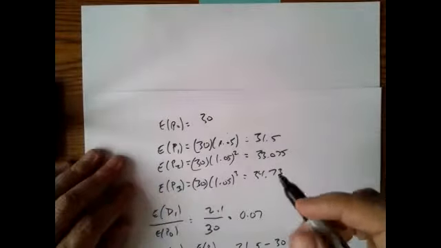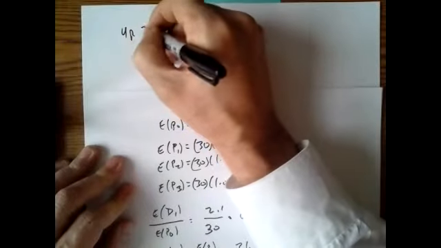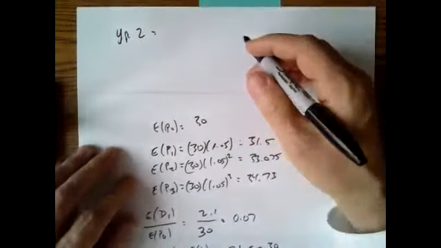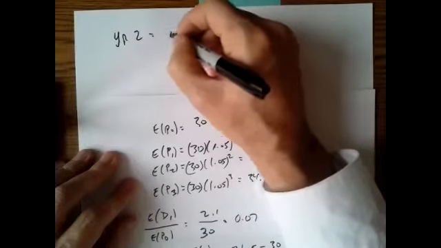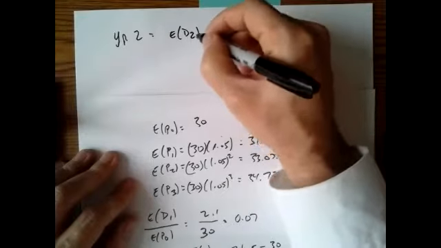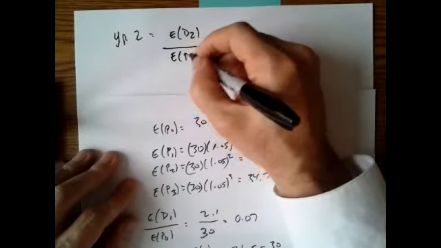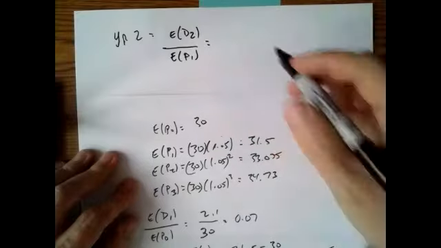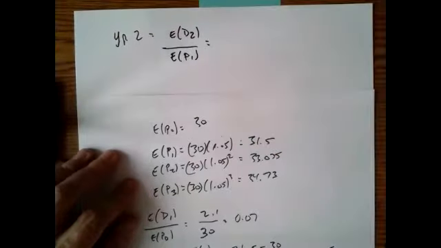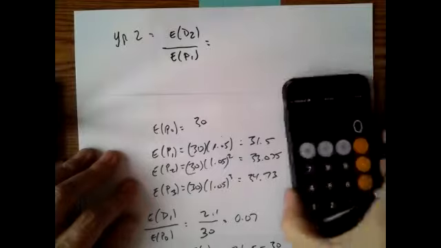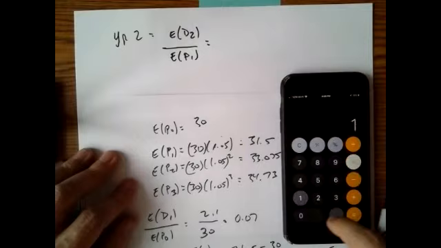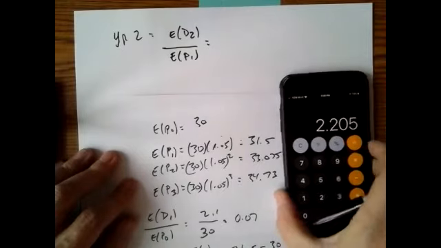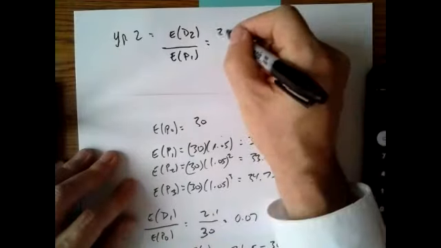So then we just do the same thing again for year two. For year two, the div yield is going to be ED2 divided by EP1. Well, ED2 is D0, which was 2, times 1.05 times 1.05, which is 2.205, right?